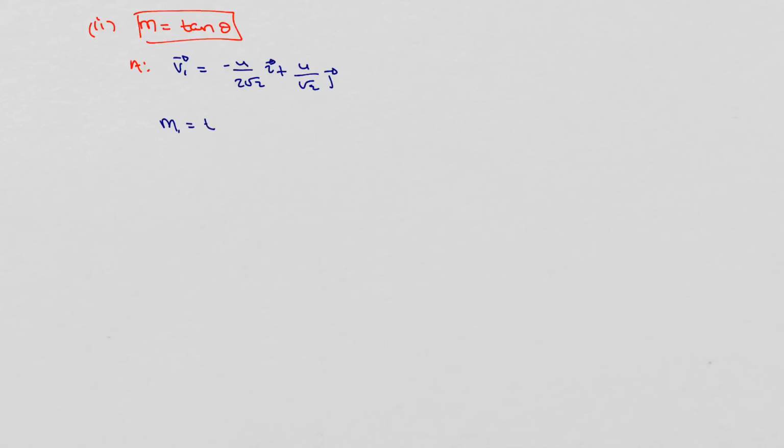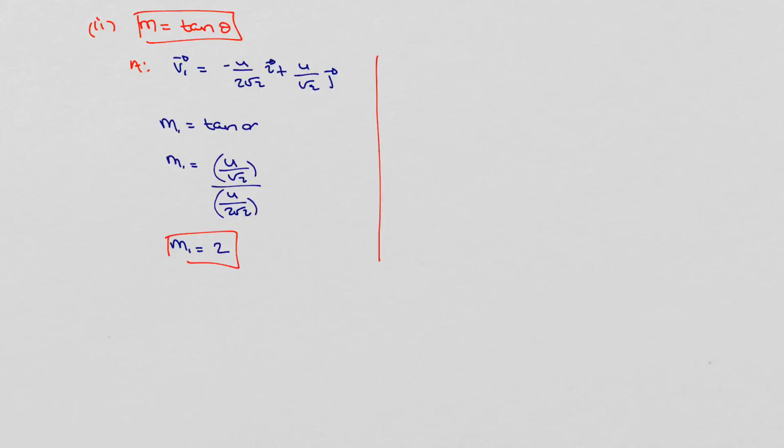So therefore its slope is equal to our j over our i, and therefore we end up with a value of 2. Now, of course, this is a negative value, so in terms of slope direction, there should be a minus there.